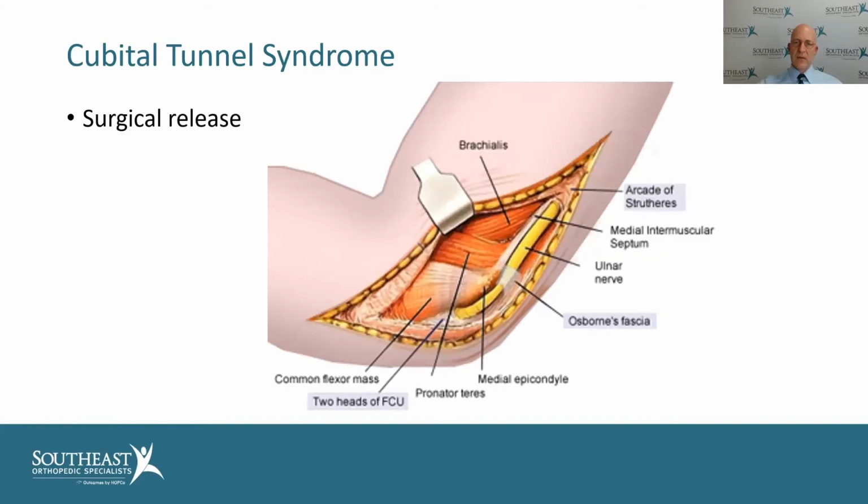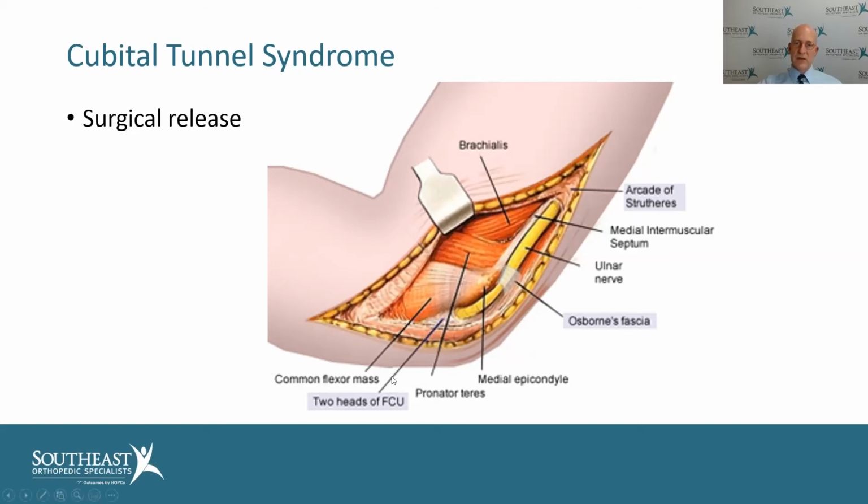This is a diagram of the structures involved in a nerve release. I would certainly hope that nobody's getting a nerve release to this extent. This is more for information than anything else. In modern methods, our nerve releases for the inner part of the elbow and the cubital tunnel syndrome generally are not much greater than an inch in length, and usually only 3 stitches is needed to sew that incision up.